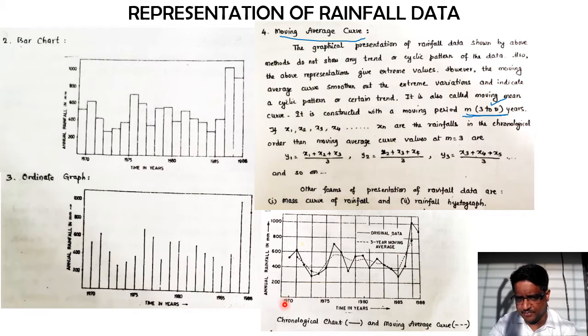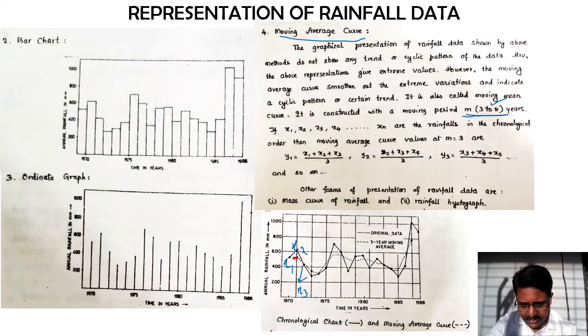Even though for the chronological chart we had the values for 1970, 1971 and 1972 in between, right now it has taken the values of x1, x2 and x3, as I have marked.